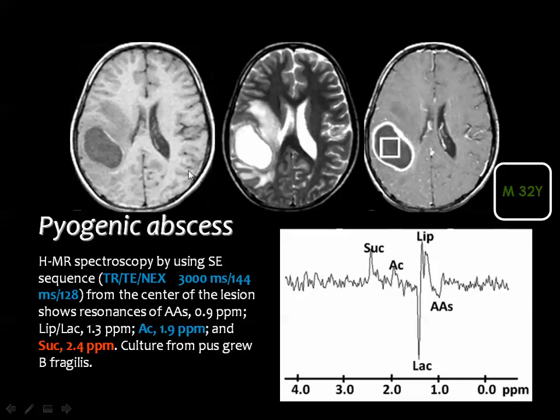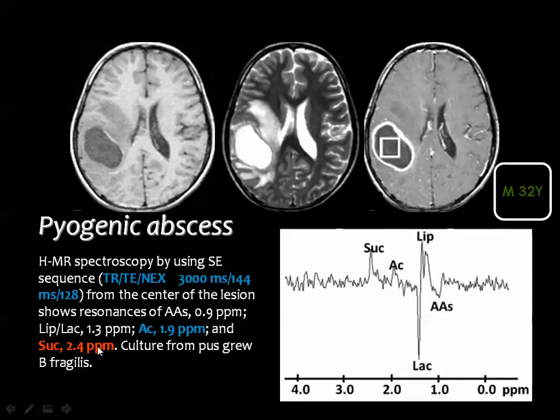This is an example of a typical pyogenic abscess in the right cerebral hemisphere. Low signal in T1, high signal in T2, surrounded by perifocal brain edema, and you get marginal enhancement of uniform thickness. The MR spectrum, obtained at long TE, shows the lactate peak inverted, and you get succinate and acetate peaks, which are usually seen in cases of pyogenic lesions.